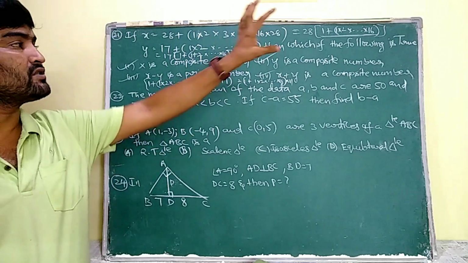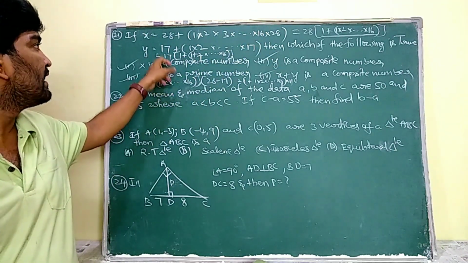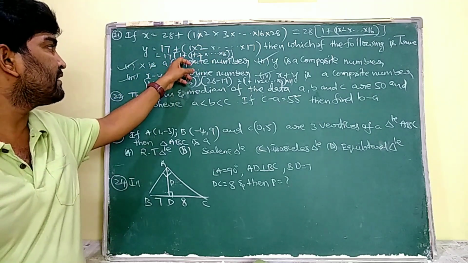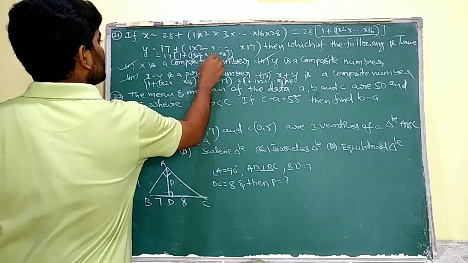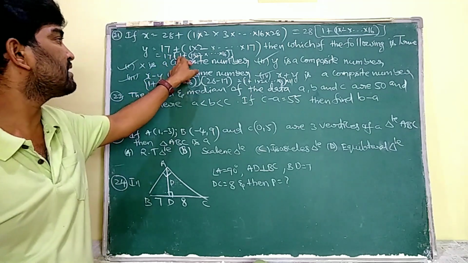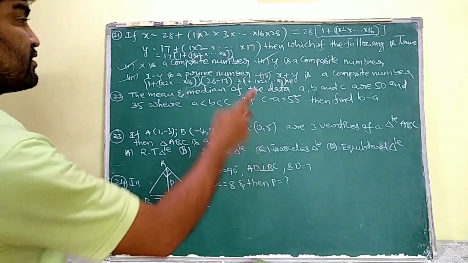That is 28 into some value into 1. So this x is a composite number, yes it is true. And here in this y, if I take out 17 as common, then 1 plus 1 into 2 into 3 into so on 16. So this is also expressed as 17 into some entire value into 1. So this y is also a composite number.